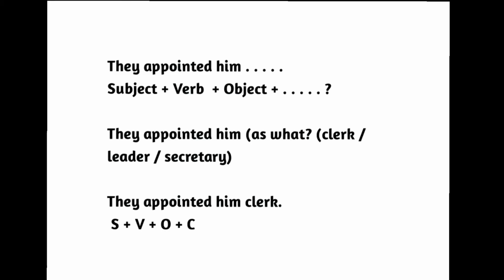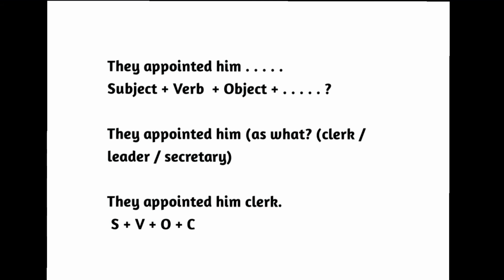Now, let me go to the fifth pattern, SVOC. Subject plus verb plus object plus complement. Look at this sentence. They appointed him dash. Here we have subject plus verb plus object.